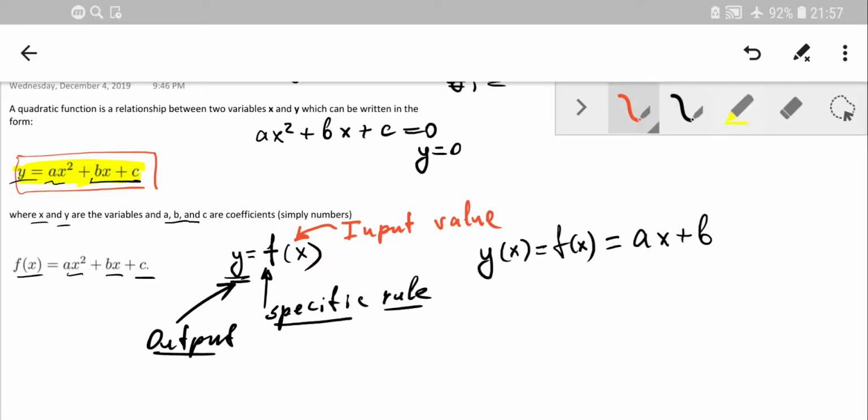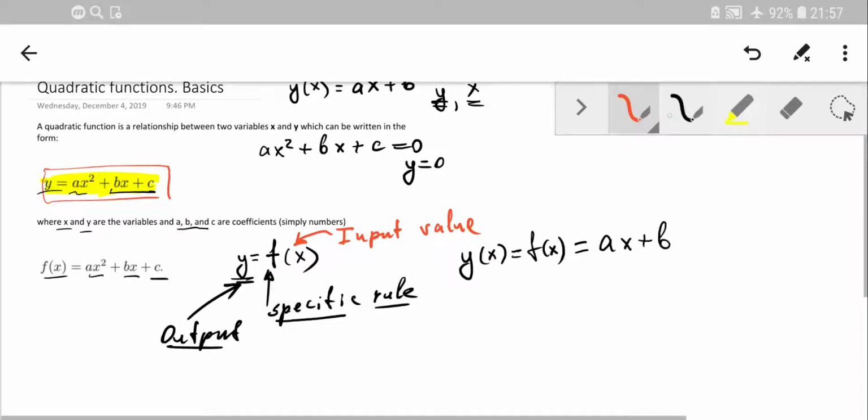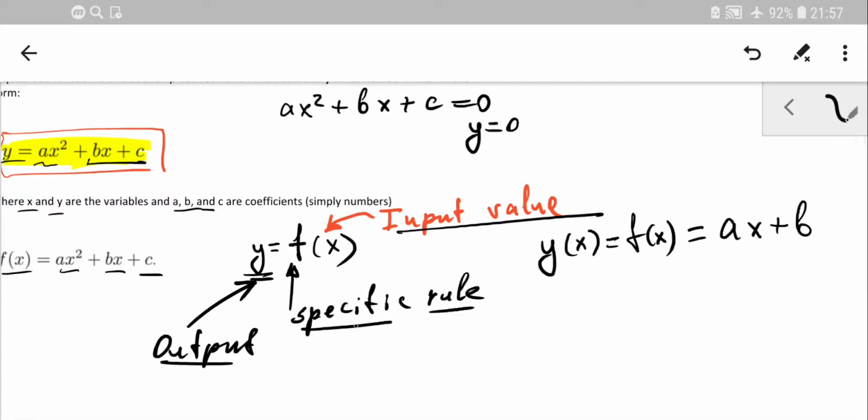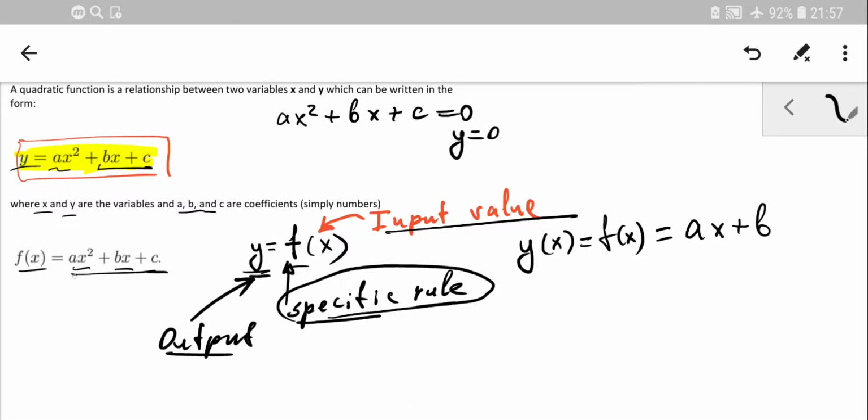So the function tells you, give me an input value x, I will calculate according to the specific rule denoted by f, with specific a, b, and c set up by that rule, and I'll give you an output value, which is simply y. Okay, that's how you need to understand what a function is and what specifically a quadratic function is.